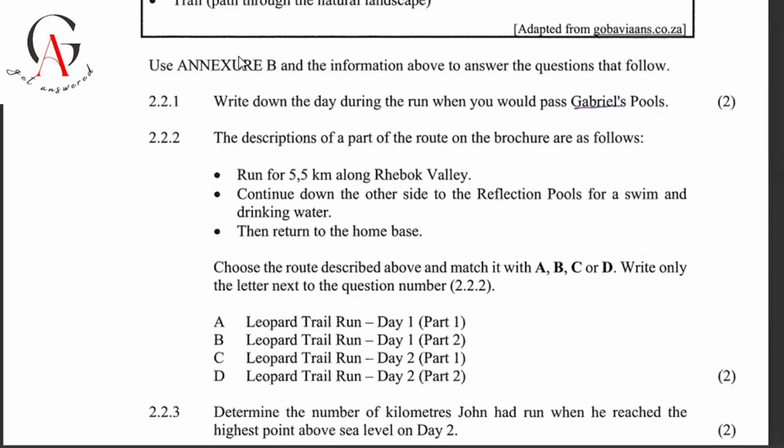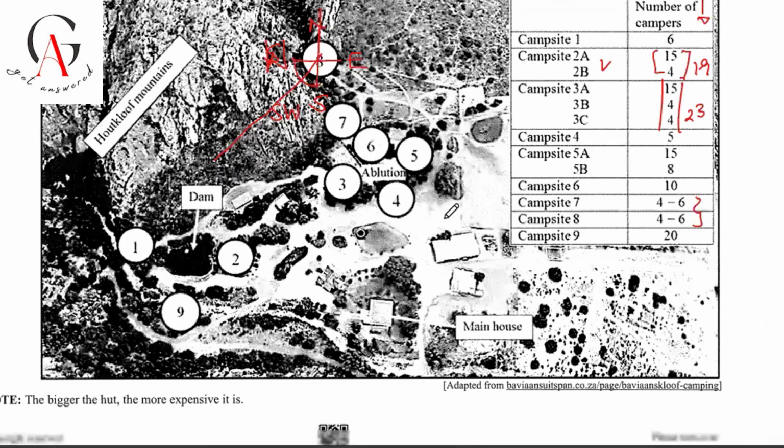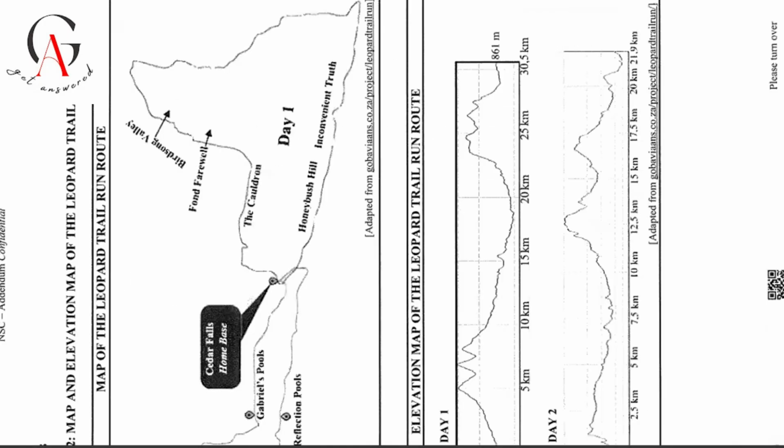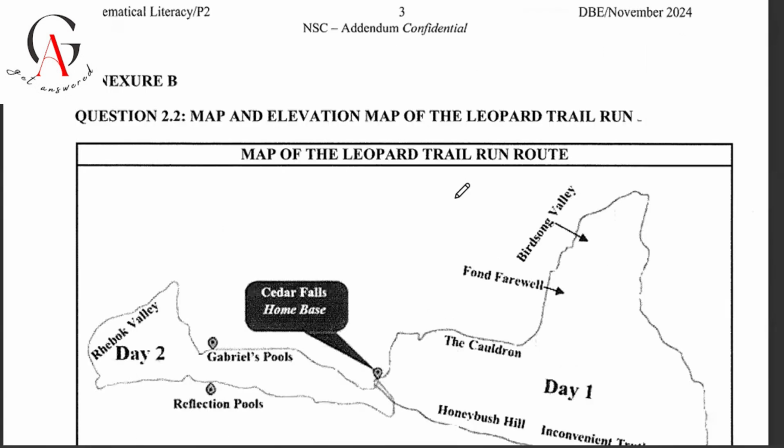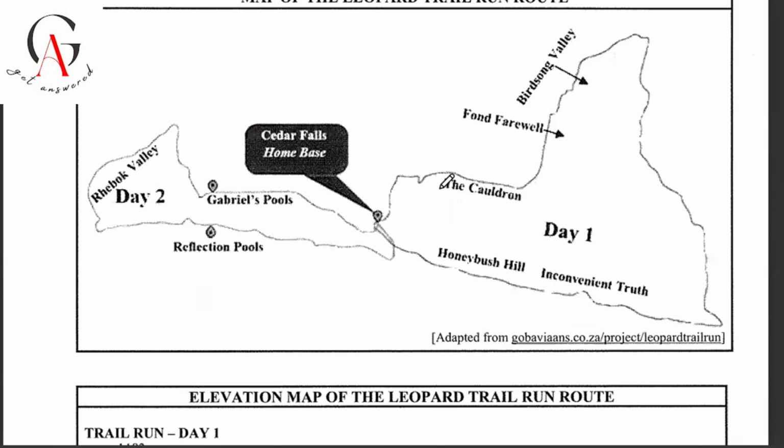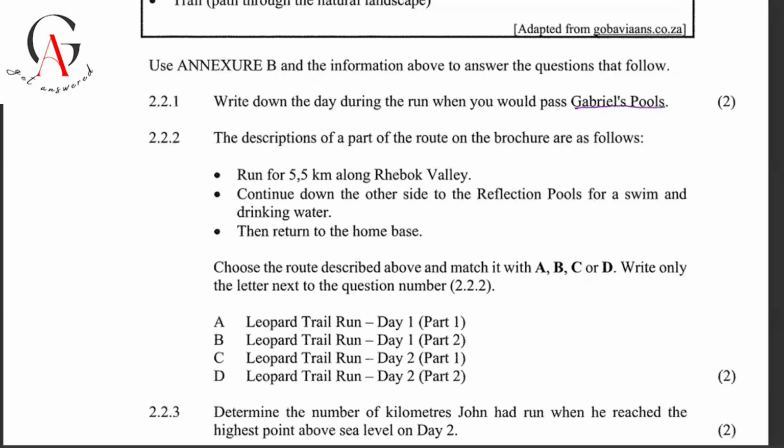So we go to the next chart. So Gabriel's Pools is on this side here, and this is day 2. They're telling us to write down the day, and we are saying day 2.